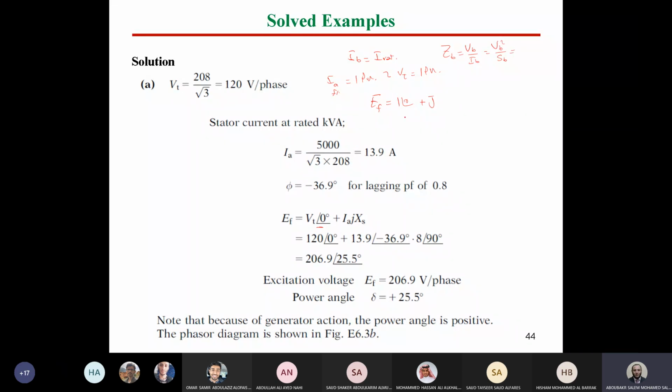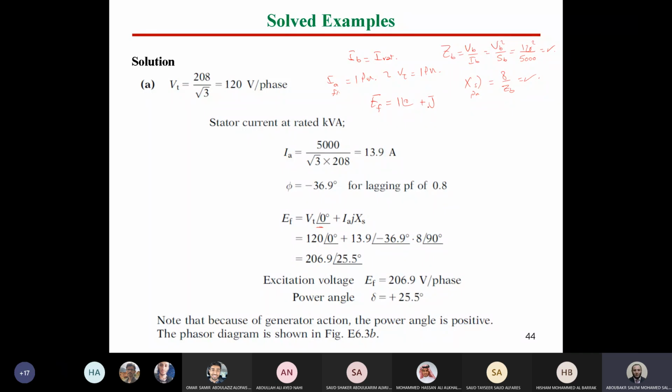S base is 5 kilovolt ampere, so this is 5,000, and V base is the phase value of volt, which is 120 here, so it's 120 squared. So this is Z base. So we can say now XS per unit equals 8 ohms divided by the value of Z base. Is it clear?